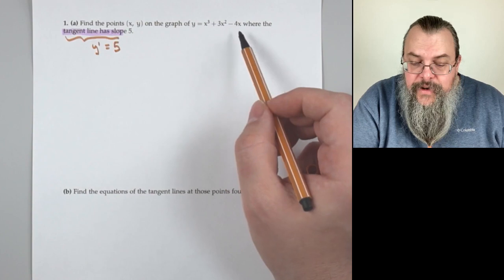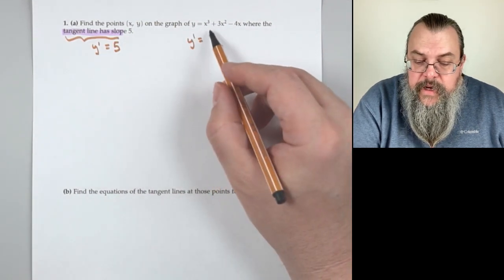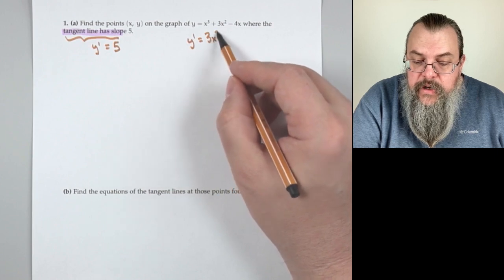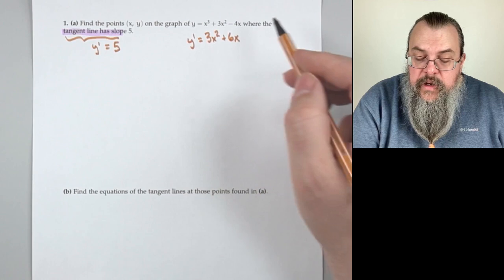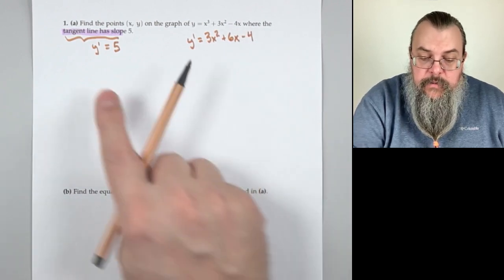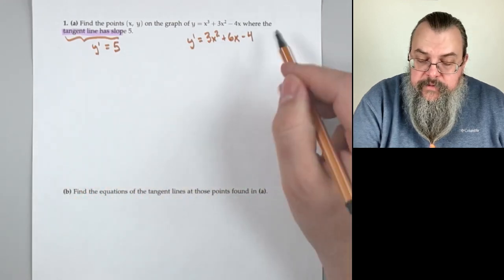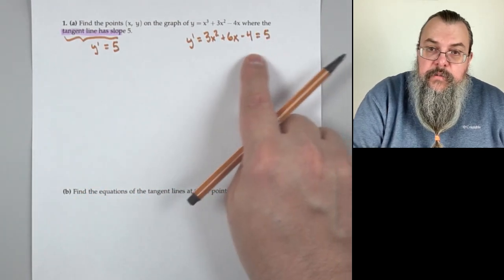This is our curve. So we find the derivative, y prime. Well, the derivative of x cubed is 3x squared, the derivative of 3x squared is 6x, and the derivative of minus 4x is minus 4. And we set that equal to 5. And now we should solve. So let's bring the 5 over.